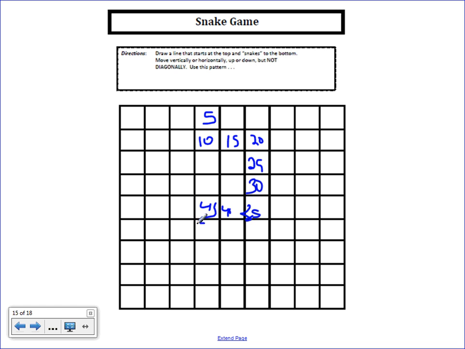So this is what the students would do. They would go through and they would make a route that works. So 45. Forgive my handwriting, 40, 35, 30, and then 30, 25, 20, 15, 10, and let's say they end up down here at 5.